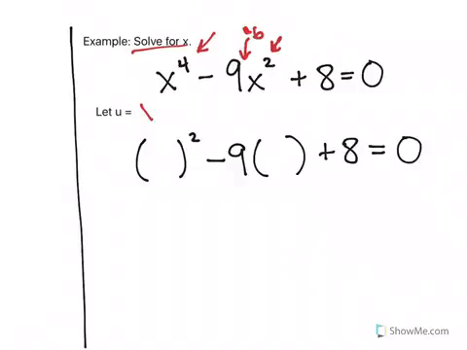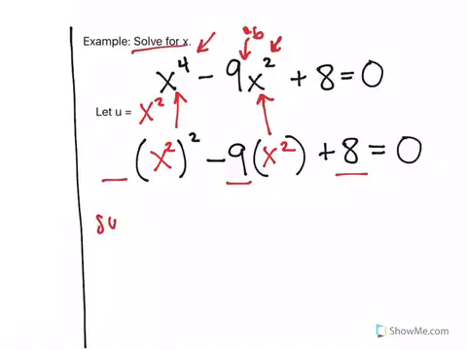We're going to say that u equals x squared. If I write x squared in both of these spots, you can see that x squared to the power of 2 certainly is x to the power of 4, and x squared is obviously x squared. Everything else in the problem stays the same. So our letters A, B, and C haven't changed.